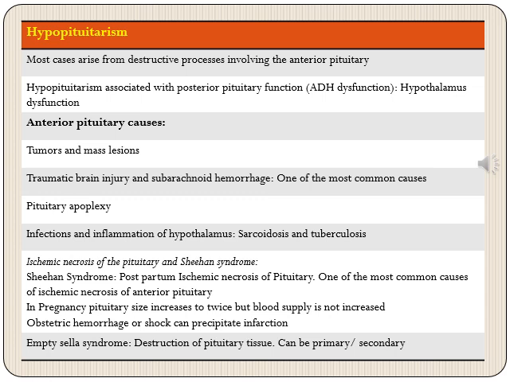Then there can be traumatic brain injury and subarachnoid hemorrhage. These are some of the most common causes of developing hypopituitarism. Then there can be pituitary apoplexy, which we had discussed, where there is sudden hemorrhage in the pituitary. Then there can be infections and inflammations of the hypothalamus like sarcoidosis and tuberculosis, which destroy the hypothalamus and downstream signaling to the pituitary, again leading to hypopituitarism.